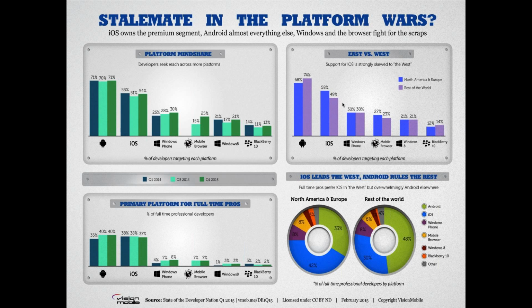Windows Phone is steadily increasing, but we don't see that breaking through unless they somehow miraculously manage to do what we call a vertical mountain climb.